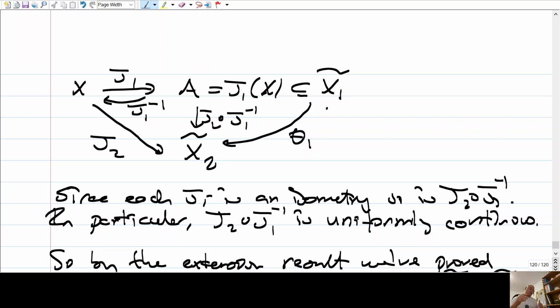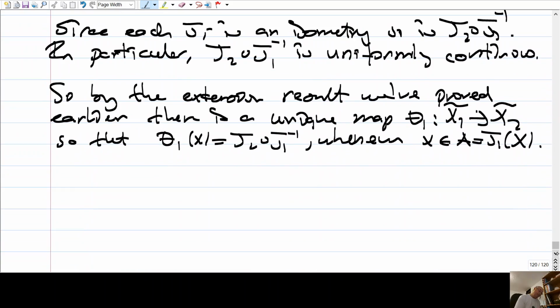Of course, the same construction goes the other way around. I can replace the roles of x1 and x2, and this time I'll get a theta 2. Similarly, we have this unique map.